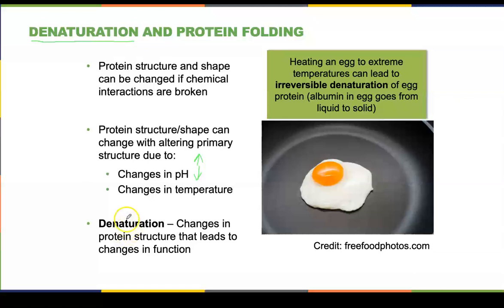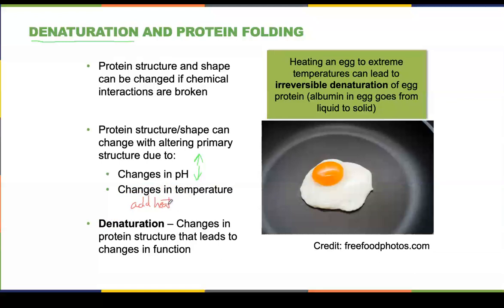Another way that we can denature or change the three-dimensional structure of a protein is by changing the temperature. Remember that heat breaks bonds. So if we add heat, we can start to break those bonds that hold together helices and pleated sheets.